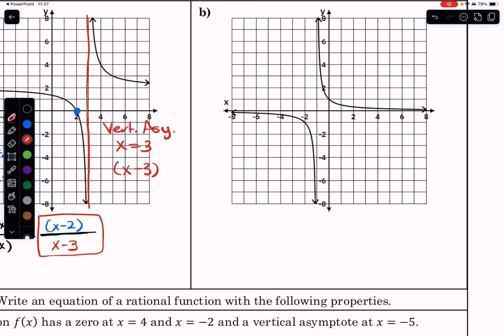So there's not going to be an x on the top. So our rational function, we'll call it capital R this time, a numerator function and a denominator function, the top part's not going to have any x. So we're just going to simply call it positive 1.